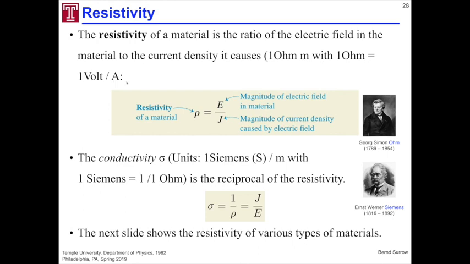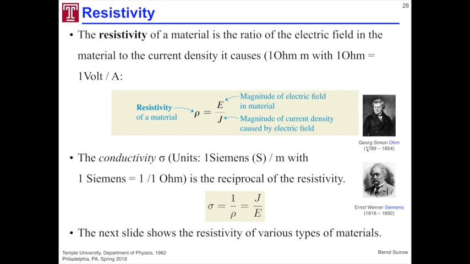And the inverse of this quantity, so if you do not take the resistivity but 1 over rho, this is referred to as the conductivity, which has the units of Siemens per meter, where 1 Siemens is 1 over ohm, and ohm is 1 volt per ampere. These units are named in honor of famous physicists who helped in the development of the field.